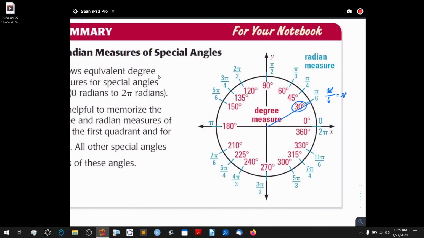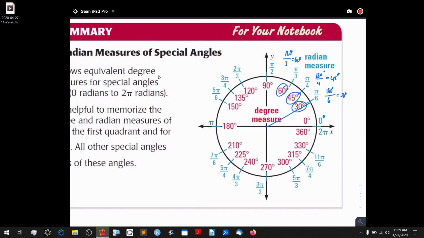And then pi over 4 is 180 degrees over 4, and that gives me 45 degrees. That makes sense. And then pi over 3 is just 180 over 3, which is why we call pi over 3 60 degrees.